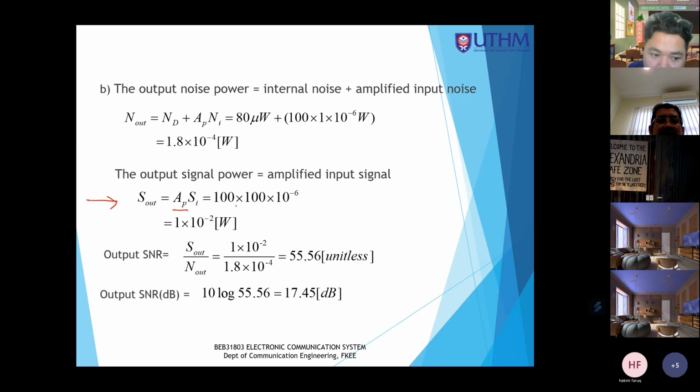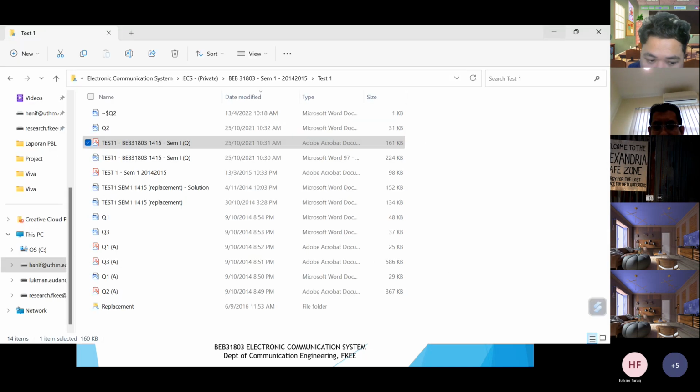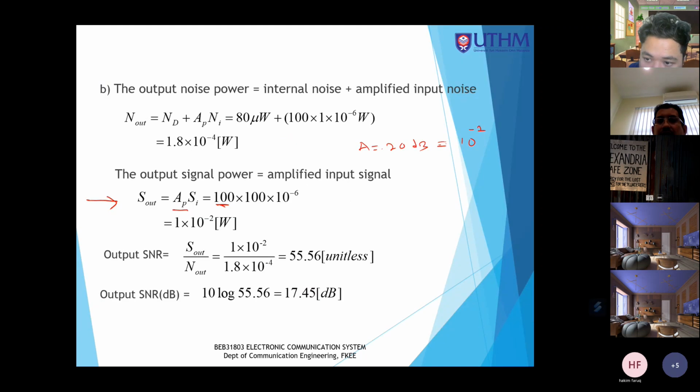So the gain is given as 100. Remember that 20 dB of gain. Remember A equal to 20 dB, which is anti-log of 20 over 10, so anti-log of 2.